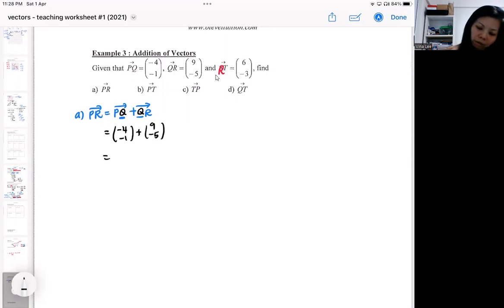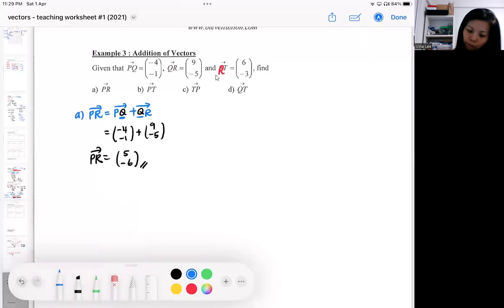So in fact, you can just add in this way. The adding will be very easy. So that's my answer for PR. Basically, I will keep trying to fill in the blank that is in the middle. Okay, so then I go to part B.